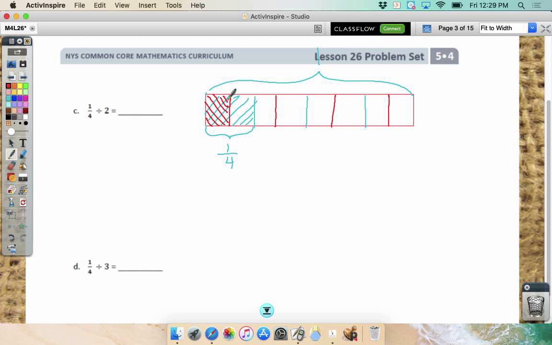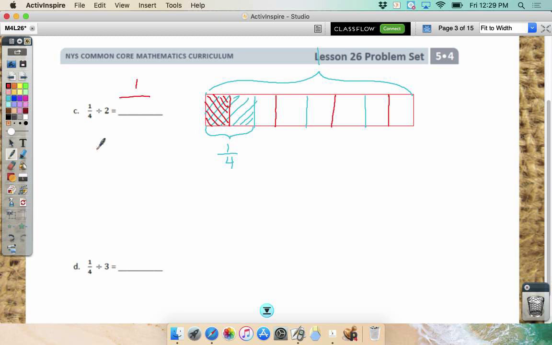Now we already know the answer, don't we? If it starts with a fraction, then my answer has to be a fraction. This only works when your numerator is 1. But guess what? I looked it up, and the only thing on your Kansas assessment is a numerator of 1 when you're dividing fractions. Think we can handle that? We just have to remember what to do, okay? So I know this is a fraction.